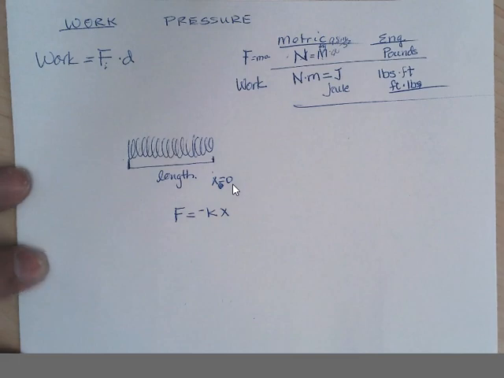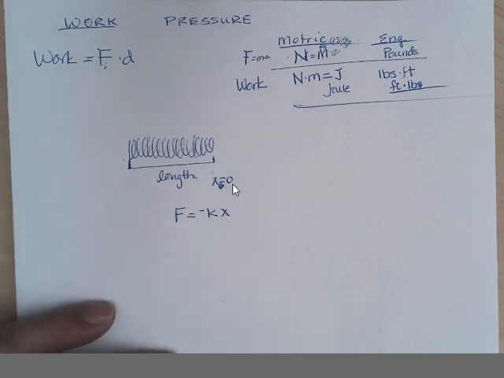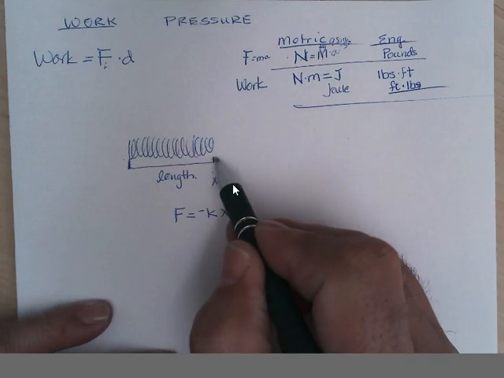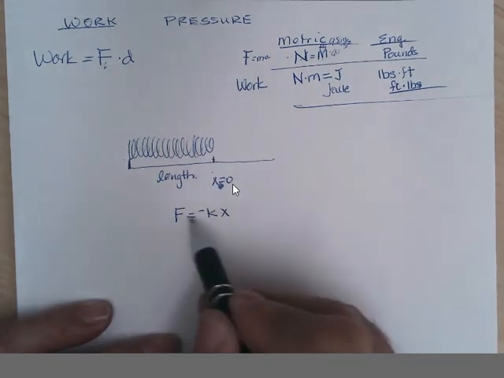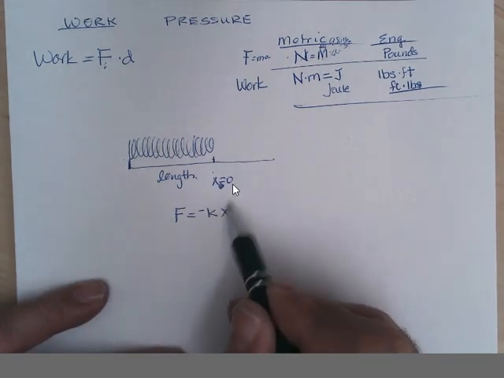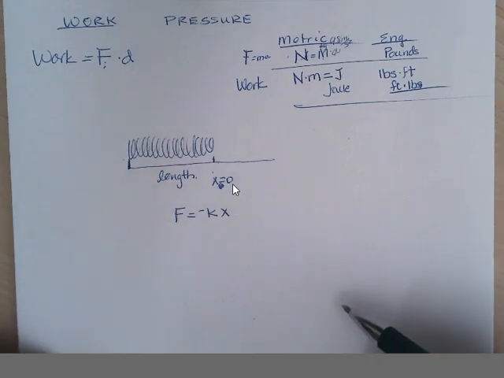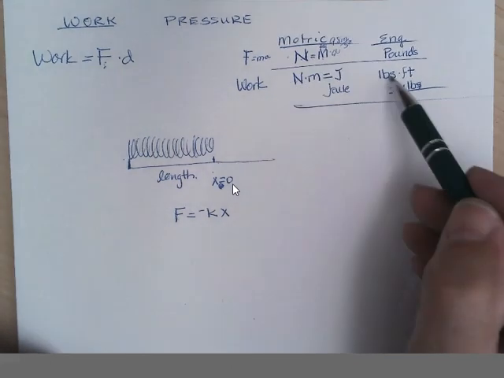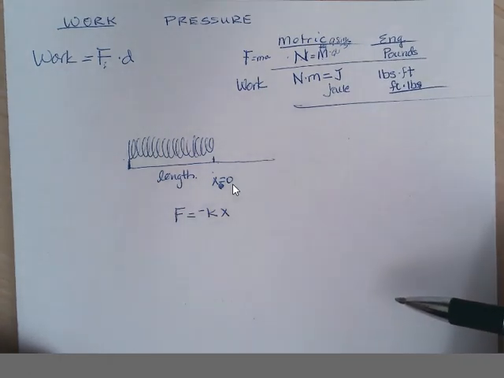It's usually done with a negative k, and k is then the spring constant. Similarly, if you want to stretch it, it's the spring constant times how far you've stretched it. That gives you the force. Force would be in newtons or in pounds, depending on which method you're using.